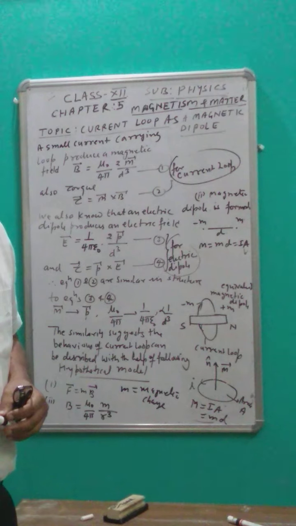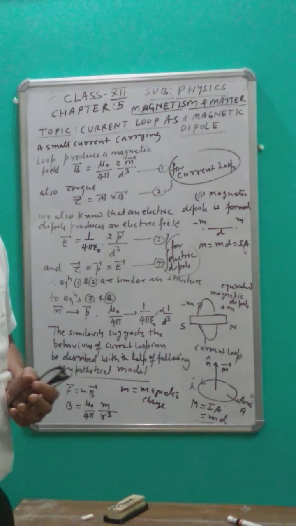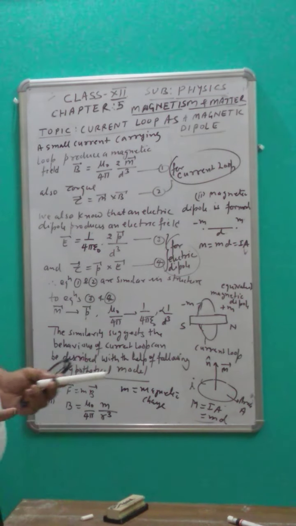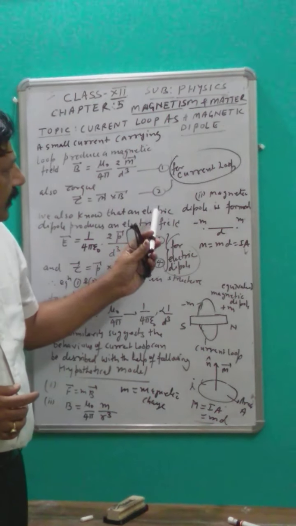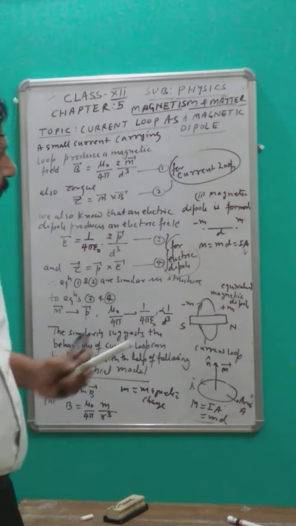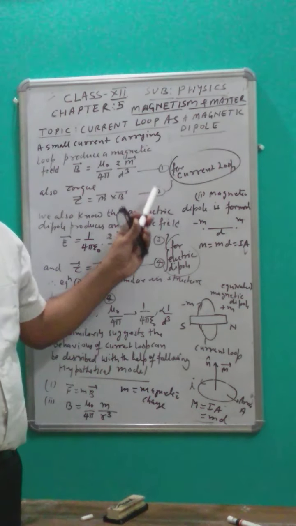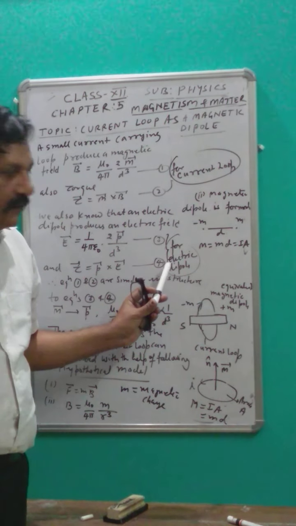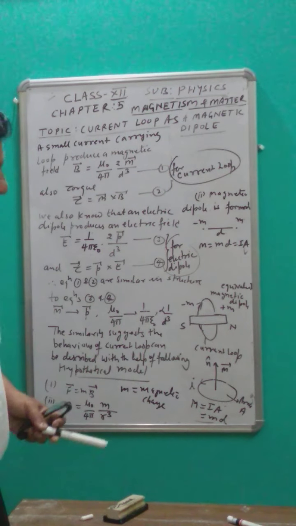So a hypothetical method was given to explain the behavior of the magnetic dipole moment on the basis of the similarity of these four equations. First two equations are for the current loop and last two for the electric dipole.